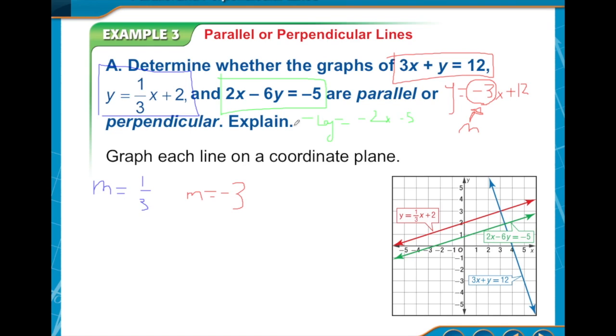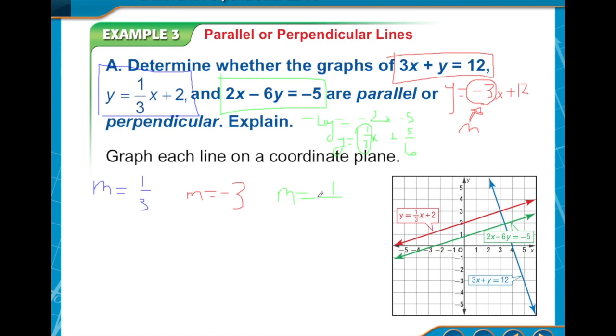And if you divide everything by -6, y would equal 1/3 x plus 5/6. So again, we know the slope is the number attached to x. So in this case, that is 1/3.